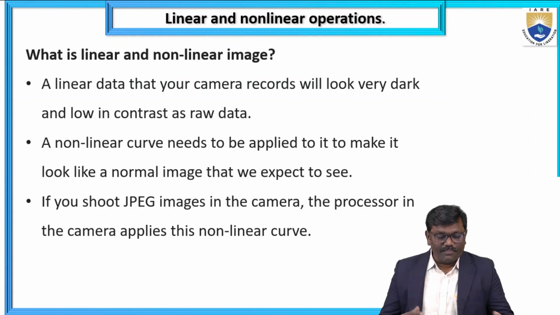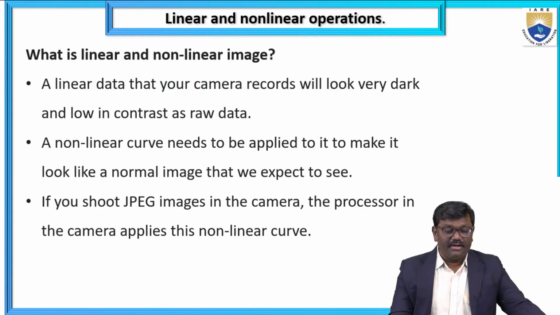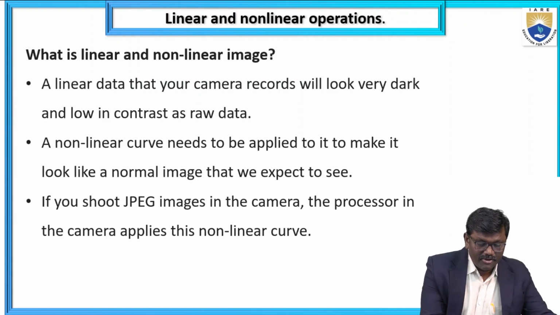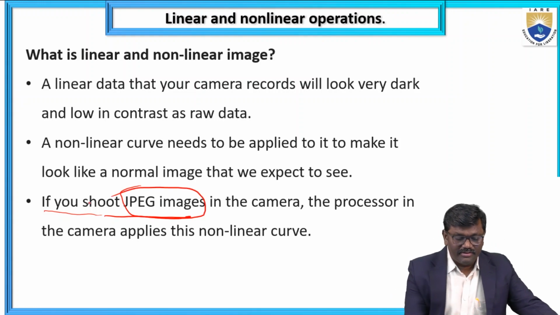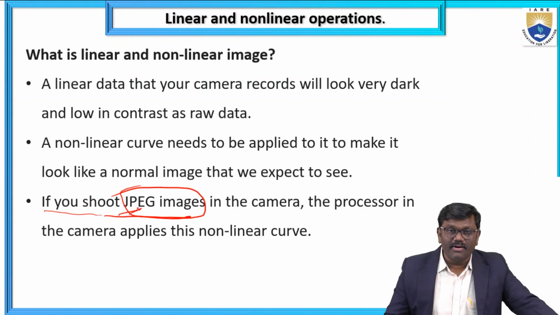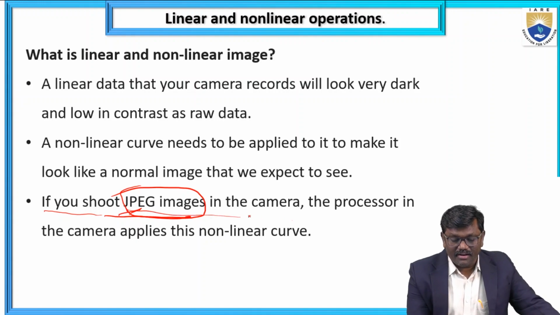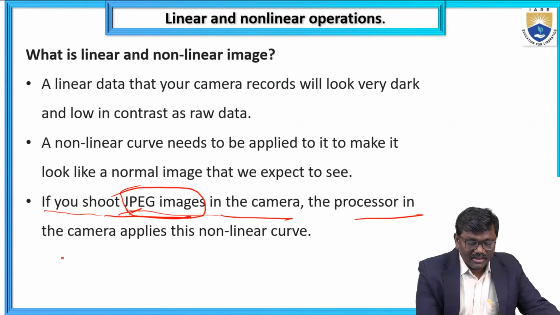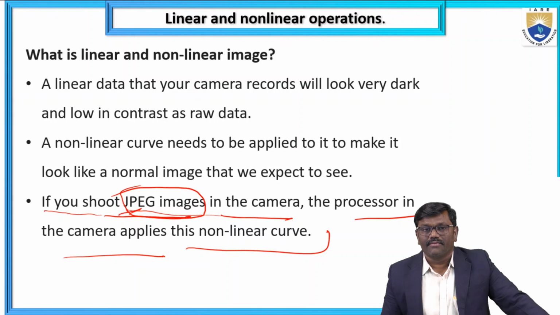You are supposed to understand where linear and non-linear images arise. If you shoot in one of the image formats, say JPEG, which is one of the formats we use for image processing, then the process in the camera applies a curve which we call a non-linear curve.